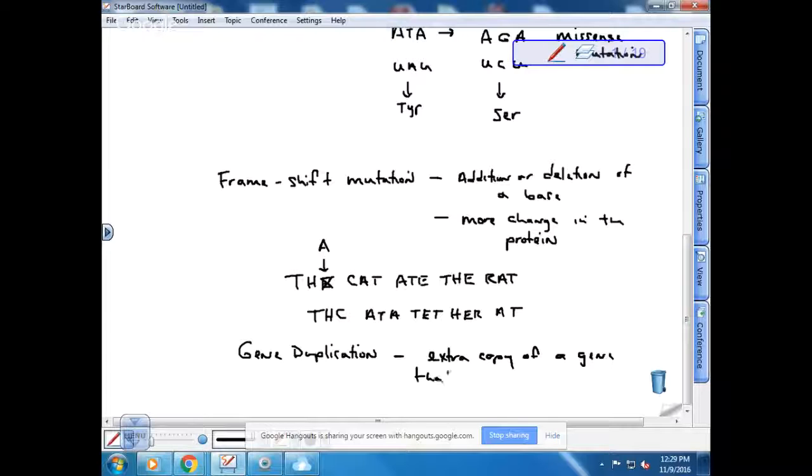That can then be modified to perform a different function. So we have a lot of extra DNA, and some of it is due to gene duplication.